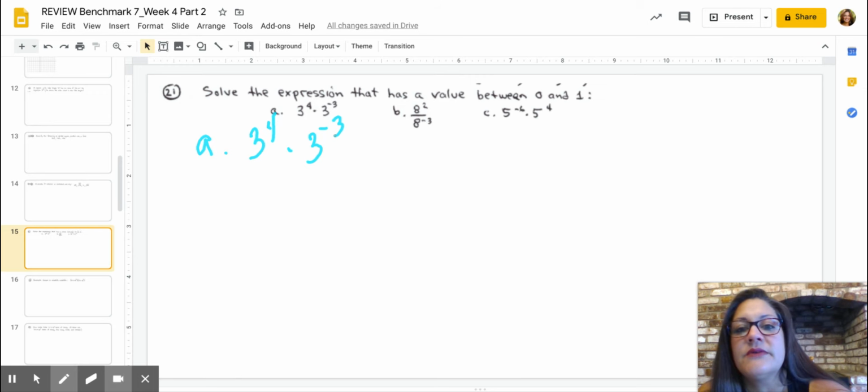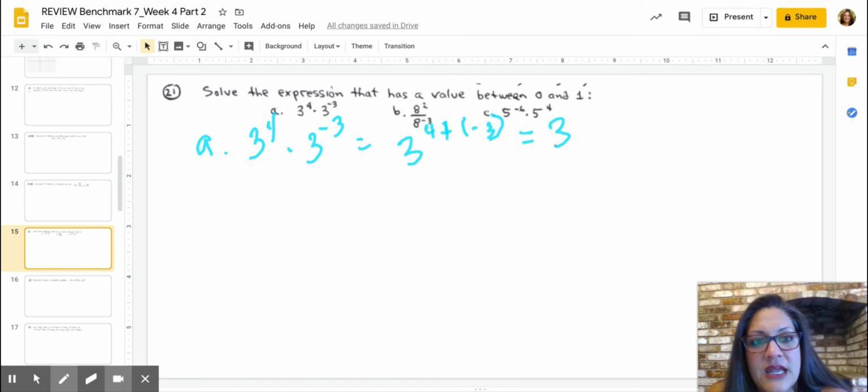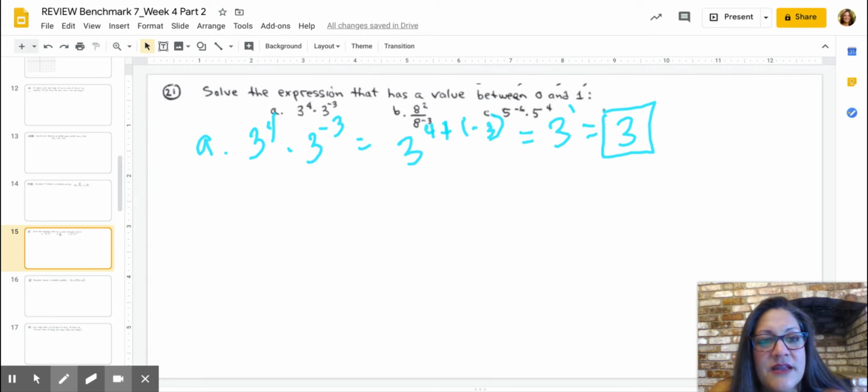So that equals 3 to the 4th power plus negative 3, so that equals 3 to the 1st power, which of course is itself. So it says solve the expression that has a value. Okay, so that value is not between 0 and 1. I think that's what it's asking.